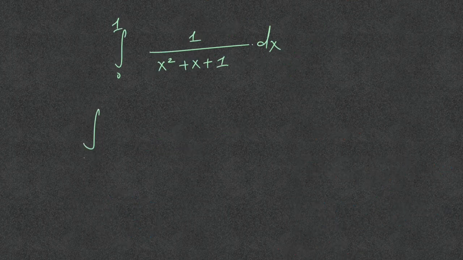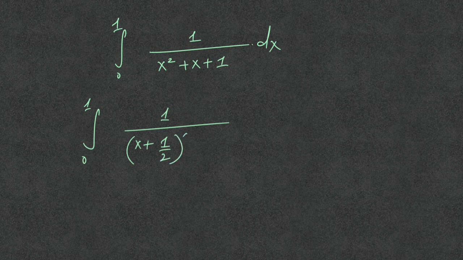So this becomes integral from 0 to 1 of 1 upon x plus half whole square plus 3 by 4 dx.